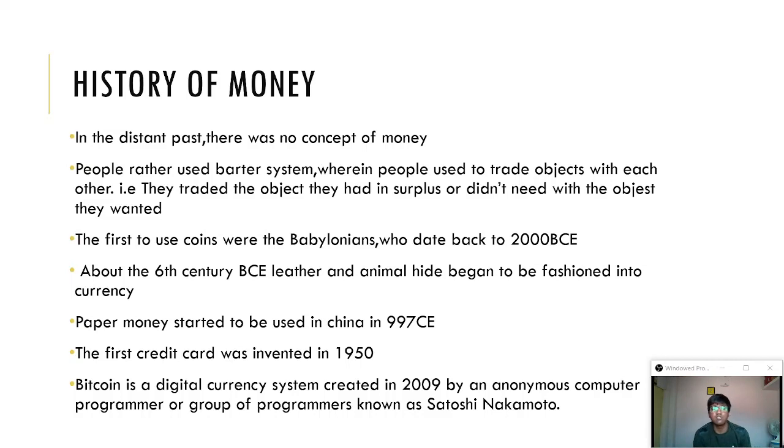And in the 6th century BCE, leather and animal hide began to be fashioned into currency. Leather and animal hide were very hard to obtain back then, and people had to go out and hunt animals for them. So these became a regular currency in the 6th century BCE.